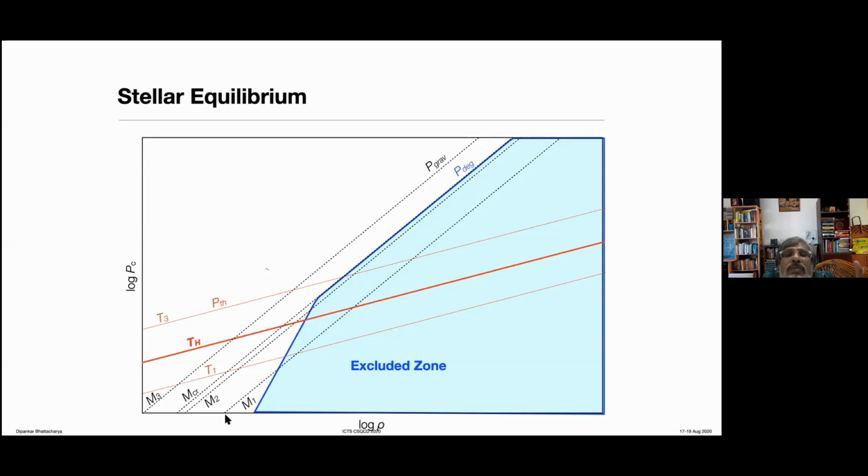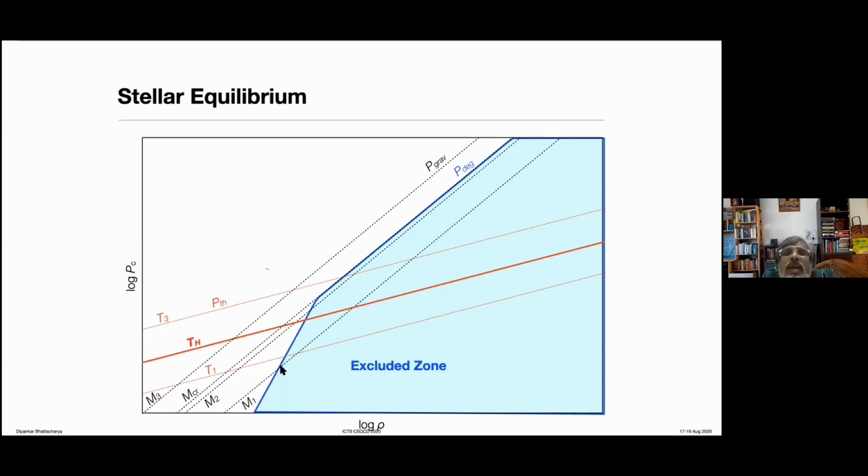So this does mean that there will be certain masses of stars which, as they contract, come and hit this line first before crossing the hydrogen burning line. So such configurations will never be able to burn hydrogen.